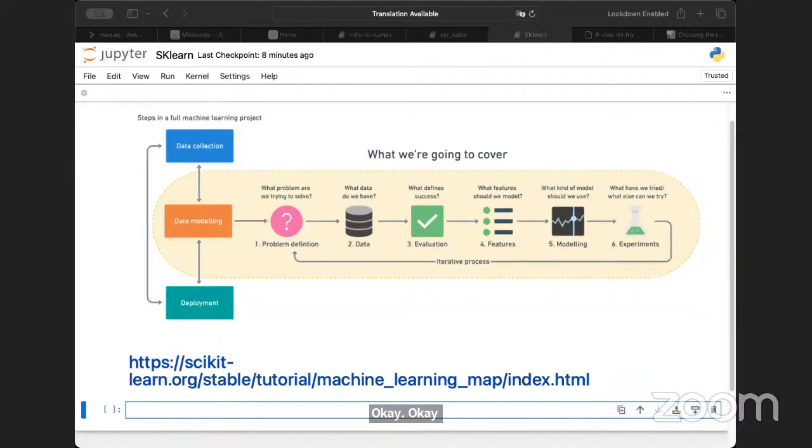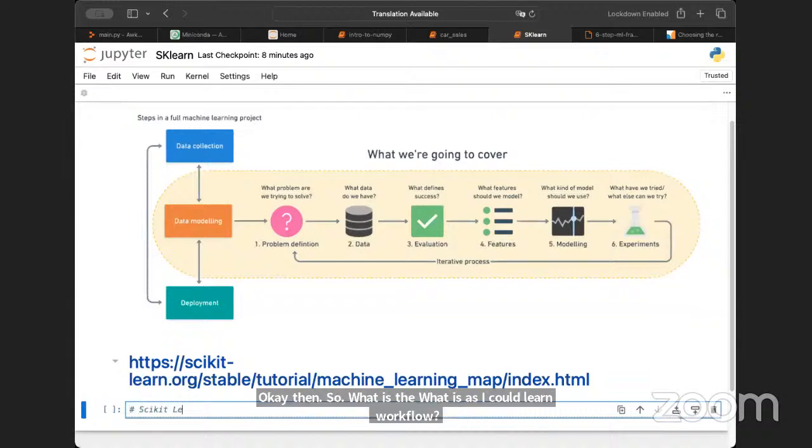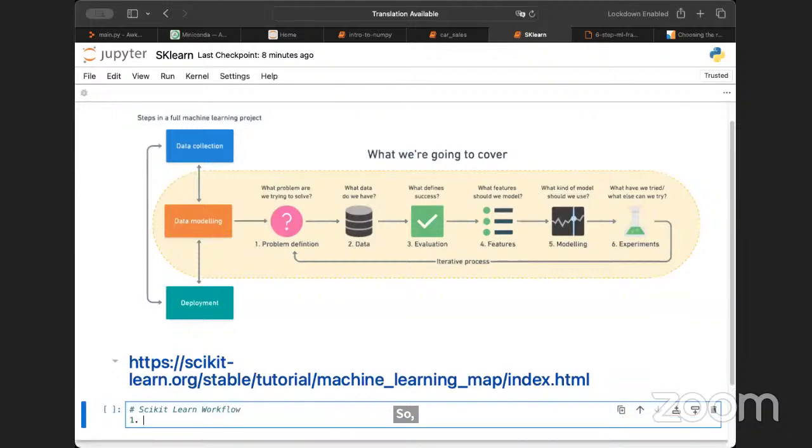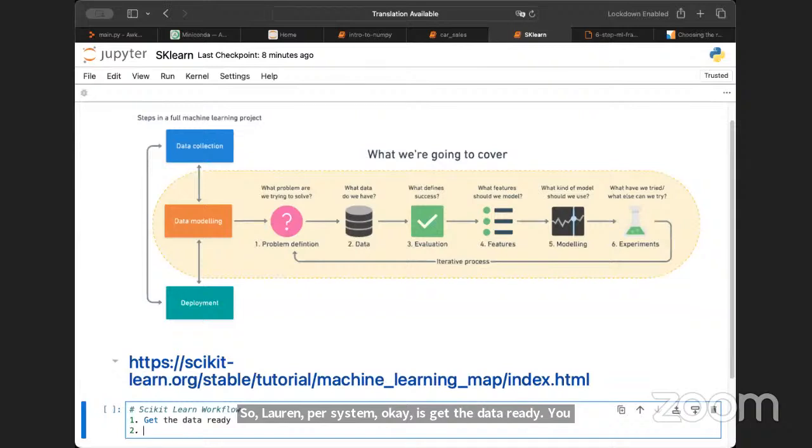Okay then, so what is the Scikit-learn workflow? First step is to get the data ready. You need to have data ready, obviously. Second step, pick a model.